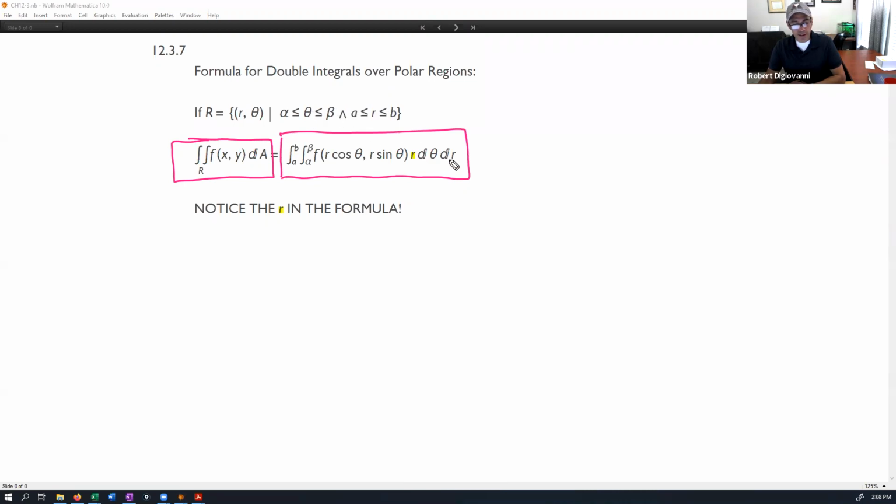You have d theta dr at the end, but then, I've highlighted, you must throw an r into the integral. You must. If you forget that, it's over. And then your function, instead of being a function of x and y, see what we've done is we replaced x and y with their polar equivalents.